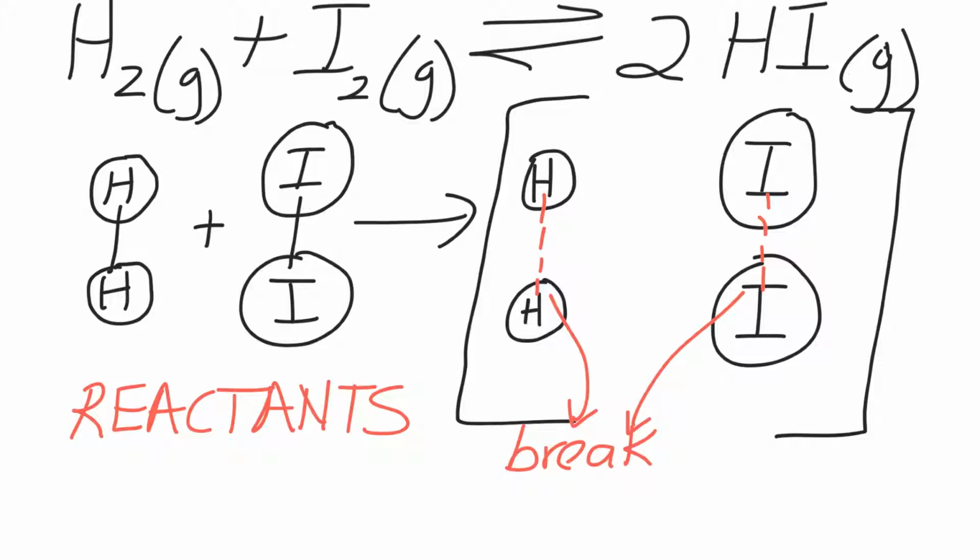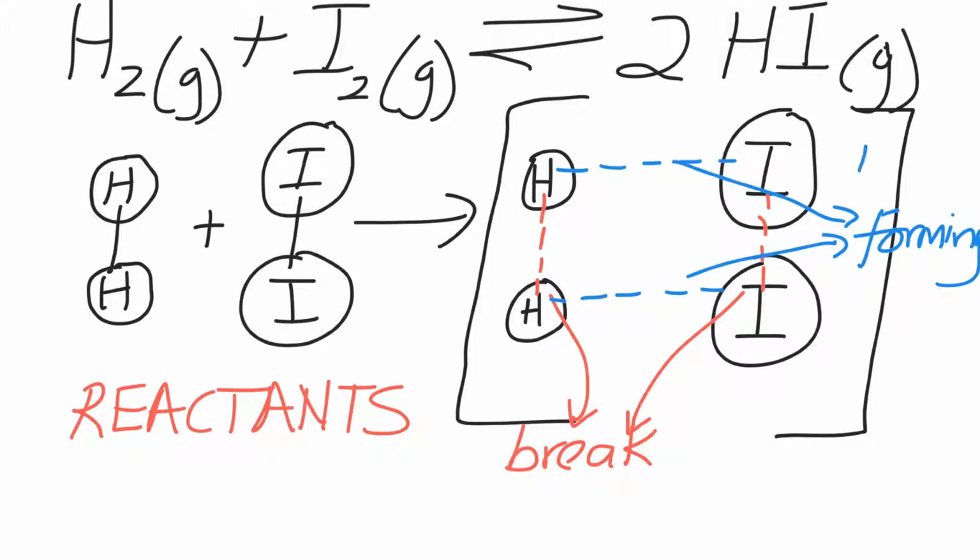And shortly thereafter, new bonds start to form between the one hydrogen atom and the one iodine atom and the other hydrogen atom and the other iodine atom. So old bonds are breaking and new bonds are forming.